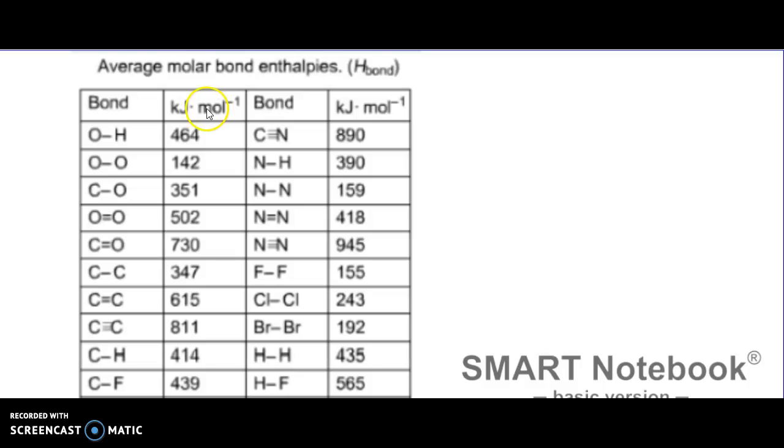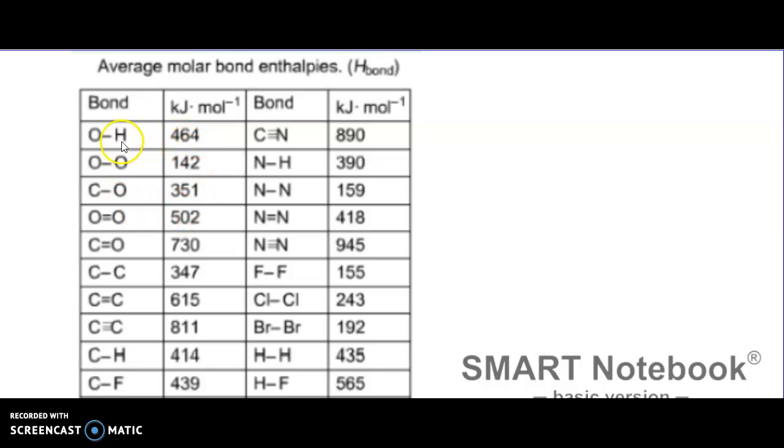Nevertheless, as long as you understand that this represents the energy associated with a certain bond and that the units are consistent, we can use this table to identify the amount of energy needed to overcome a bond.